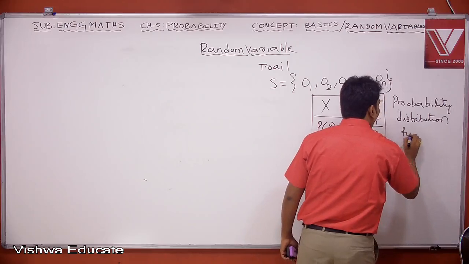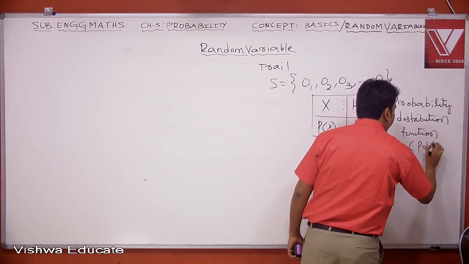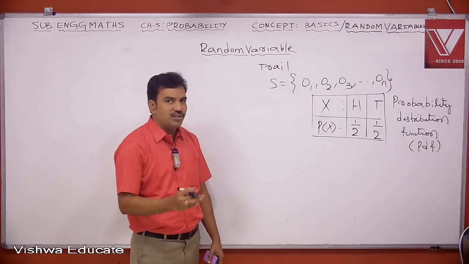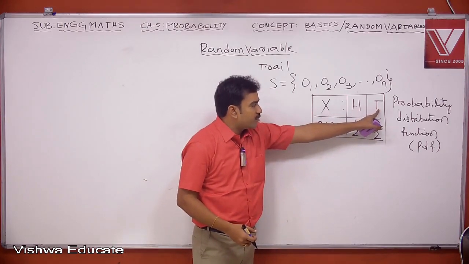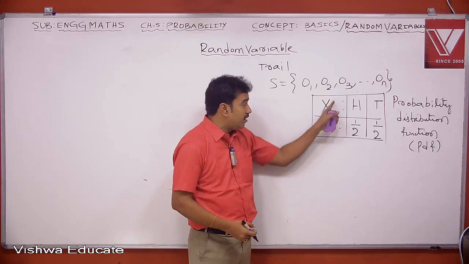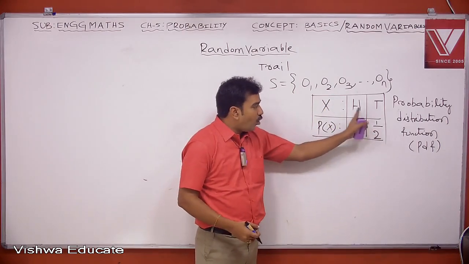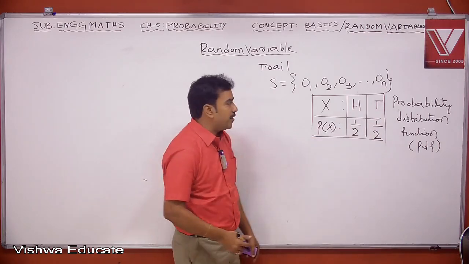Shortly we call it a PDF, probability distribution function. I will tell you later why it is called distribution function. Now we can see here all outcomes of an experiment are assigned to a single variable. Therefore this is called a random variable, and probabilities of all of its sample points are clearly mentioned. Therefore this is called a PDF.